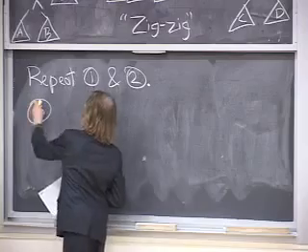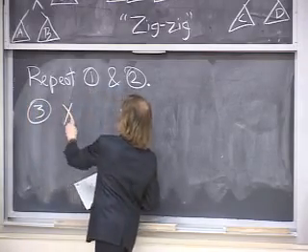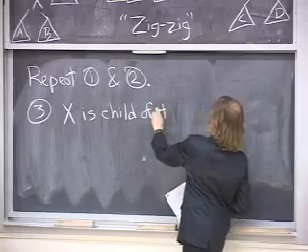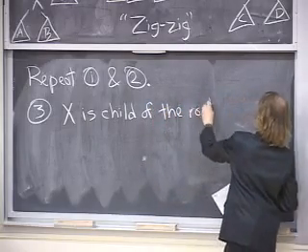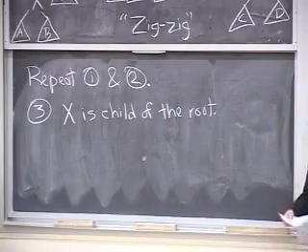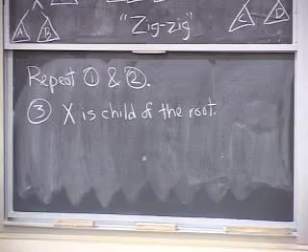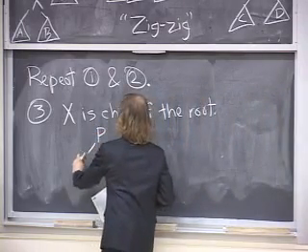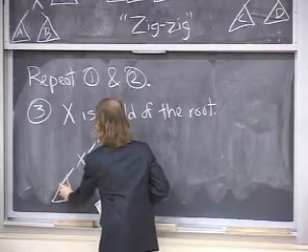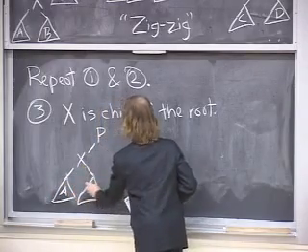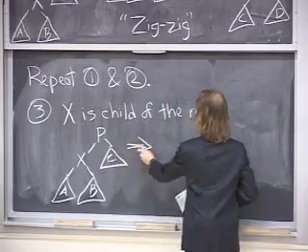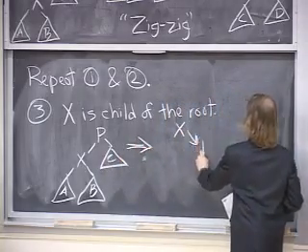So the third possibility is that X is just the child of the root. And we handle this in the simplest way possible with just 1 last rotation. So maybe the tree looks like this, and so you rotate X up through its parent.